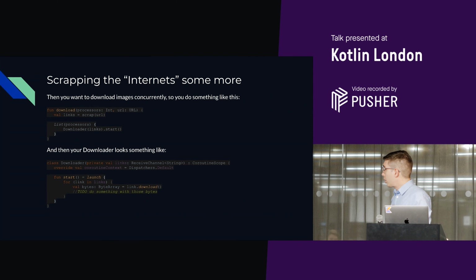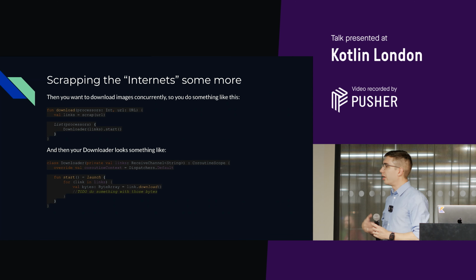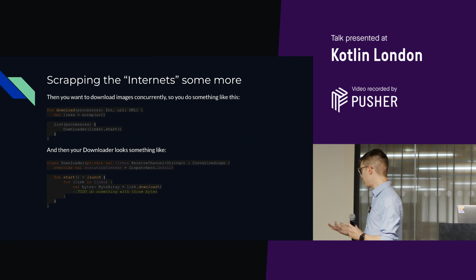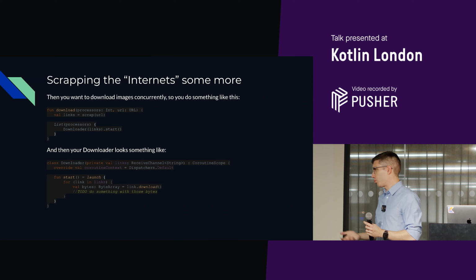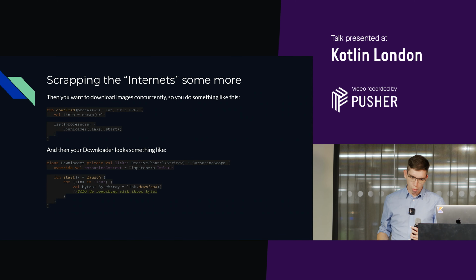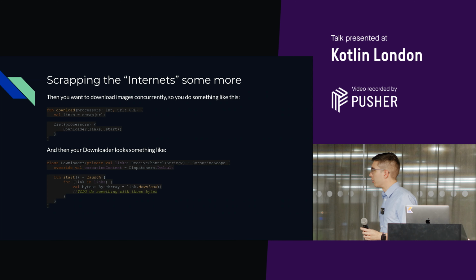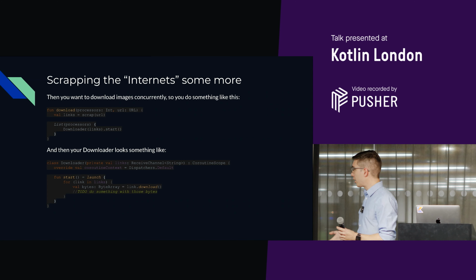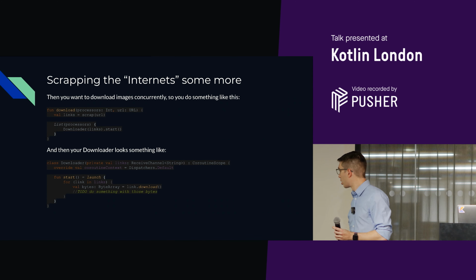OK, let's continue with our example. So we produce these images, those links. We send them over the channel. What do we do next? So we could, of course, download them one by one. But hey, we're not in Ruby to do that, right? We have Kotlin at least. So we would like to spawn a few downloaders instead of one.